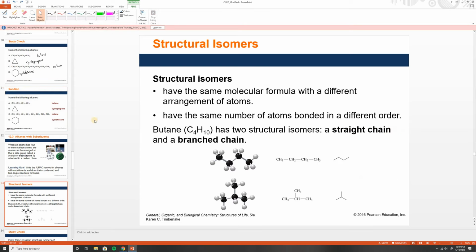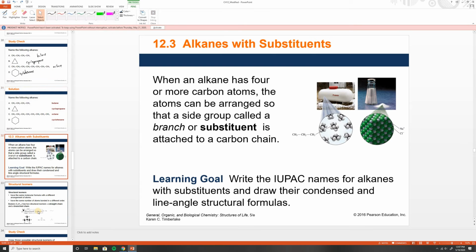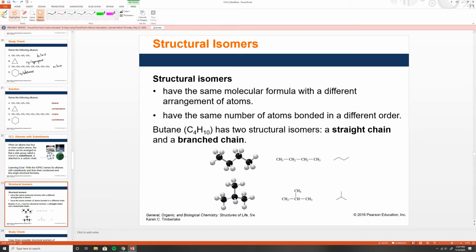So those are called substituents. Now, these substituents can be placed anywhere. And even within the same formula, you could have a different structure because of this substituent idea, that you can have carbons and other things popping off in different directions as branches.